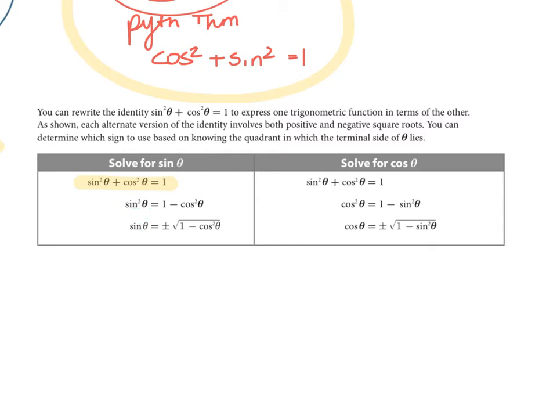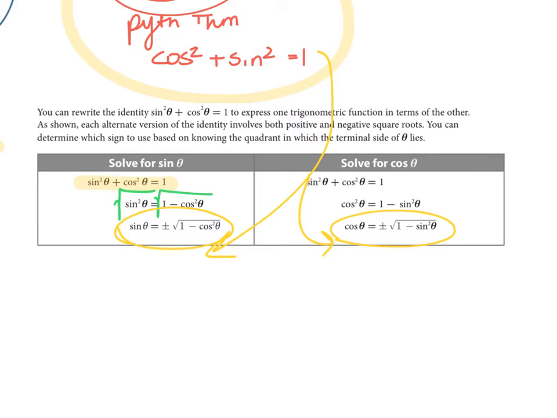To undo that, remember the inverse of squared is square root. Sorry if you're hearing my kid's toy in the background. And then they do plus or minus because when you take the square root, you get two answers, a positive and a negative. The same thing happens with cosine. So these are just rewritten versions of this original equation, but you don't have to add those. They are all inherent in that first Pythagorean identity that I showed you.